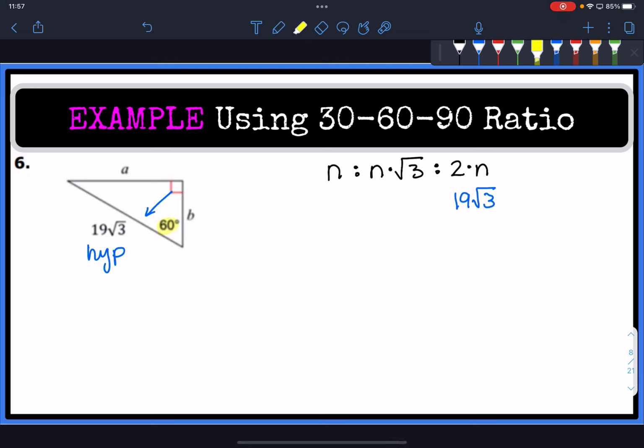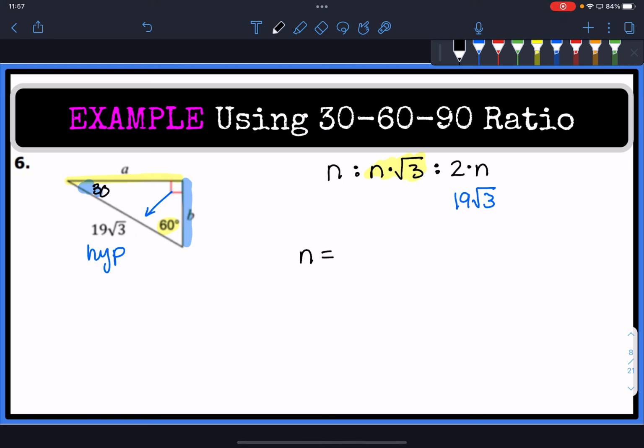Across the 60 is that value, and across the 30, which obviously has to be this one, is going to be this value of B. So we need to find the 2 legs, the one across the 30 and the one across the 60. Since they provide the hypotenuse, we can figure out the value of n by working backwards. Since I know 2n is equal to this, I can figure out n by dividing this number by 2.